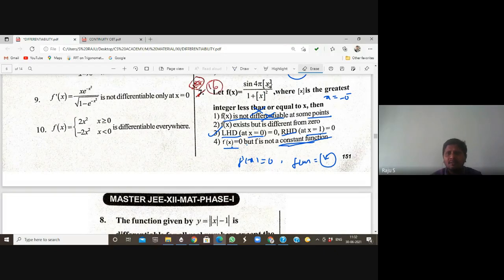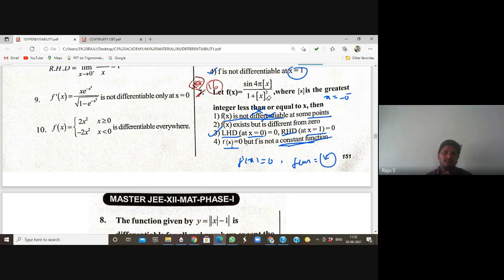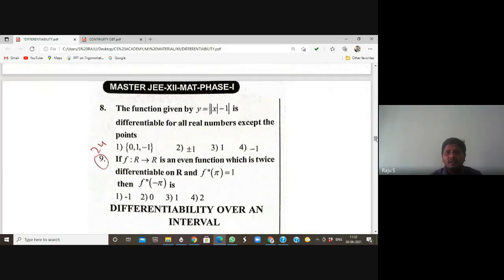If they don't give the square, with just 1 plus the greatest integer, that time we can't say, 0 by 0 is undefined. That time we need to differentiate, like x becomes sin, sin becomes cos. Anyhow, the third option is absolutely right.